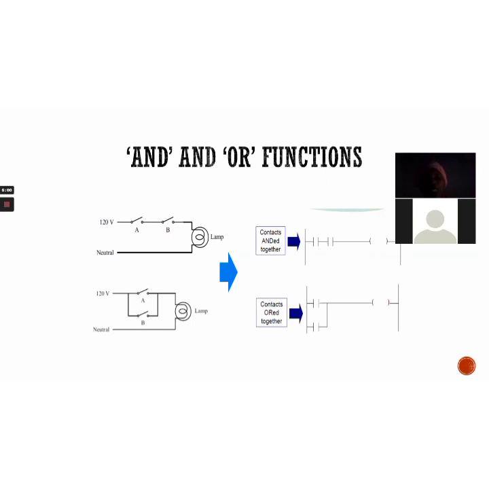Now when we transfer these functions to our ladder logic, for the AND function we have our two inputs connected in series to give us an output. In the OR function, we have our two input conditions connected in parallel to give us an output, meaning that either of the two inputs should give us an output.